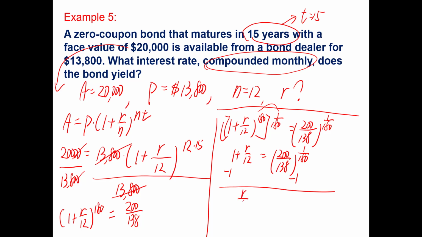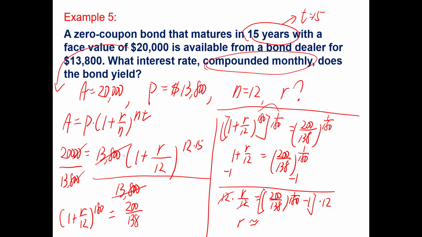So you get r over 12 equal to 200 over 138 raised to 1 over 180 power minus 1. Now in order to get r by itself, we multiply by 12 on both sides of the equation to get a result. Okay, so it's also algebra. So here r is approximately that.